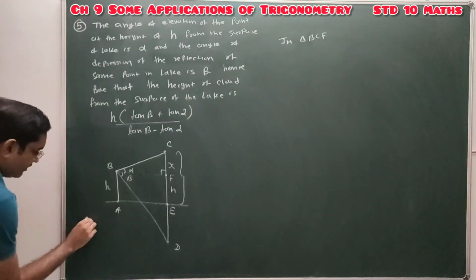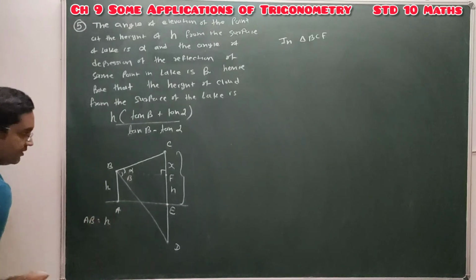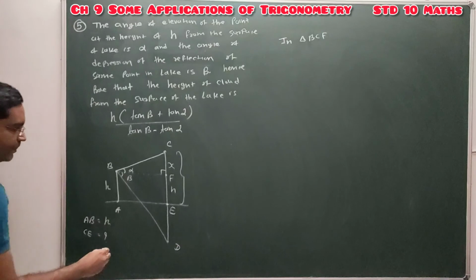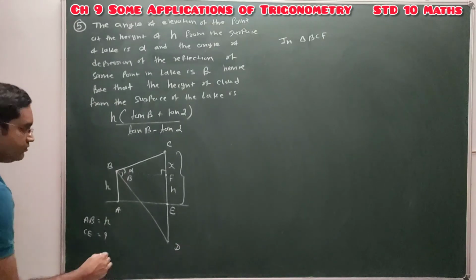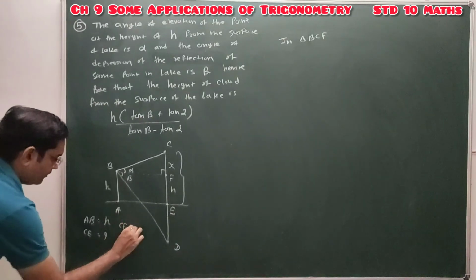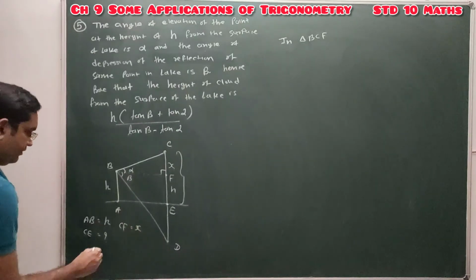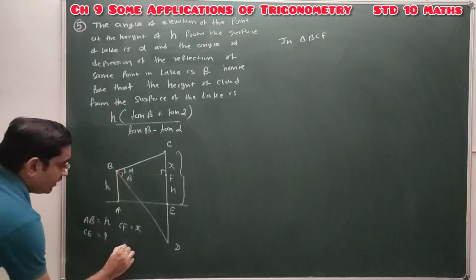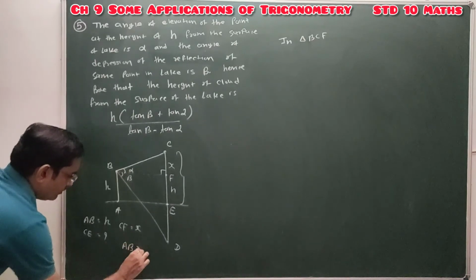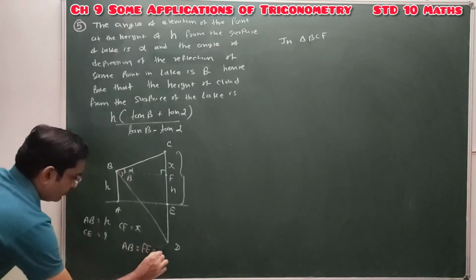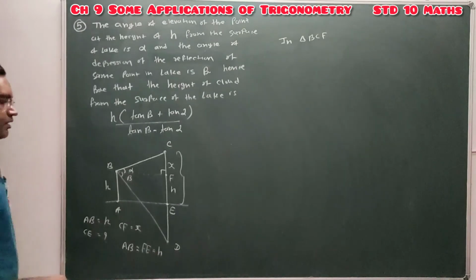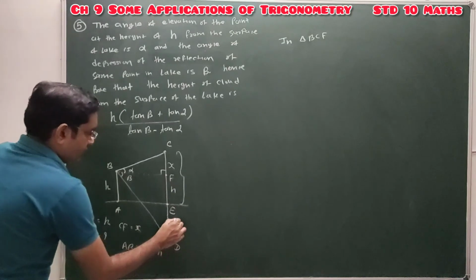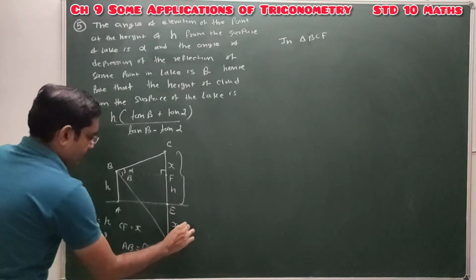Here AB is the height of the observer, that is h, and CE is what you have to find, and we assume CF is x. AB is equal to FE, and that is equal to h. And CE is equal to ED, and that is also equal to x plus h.